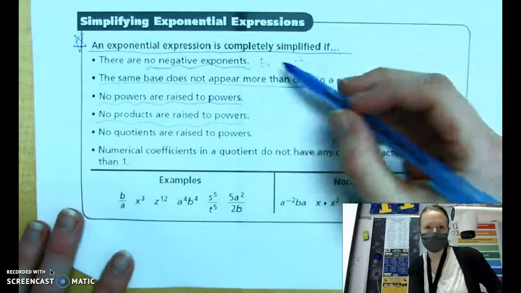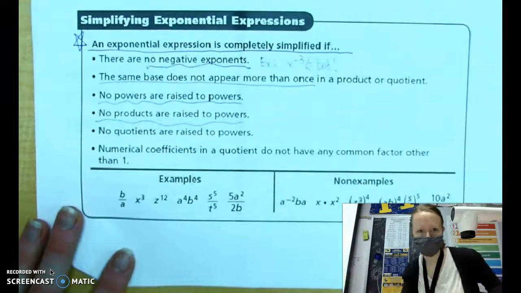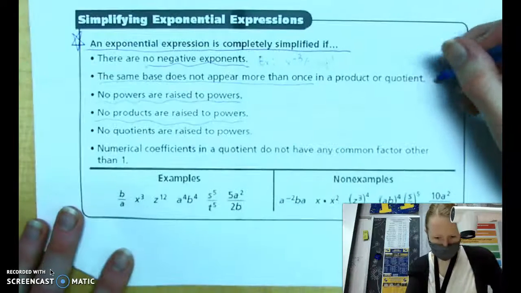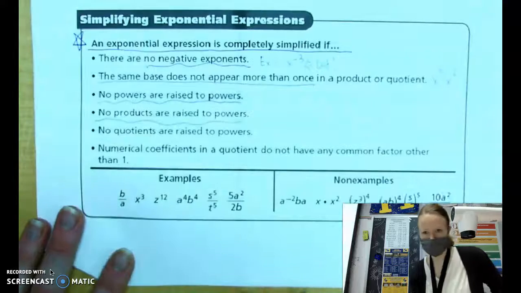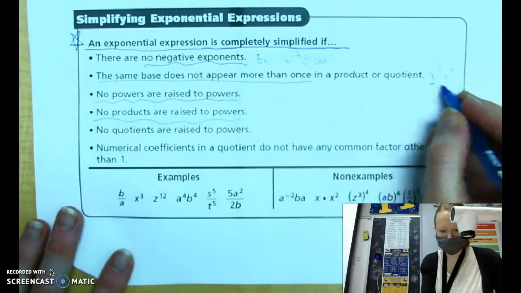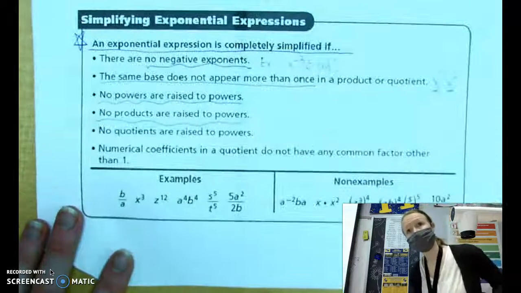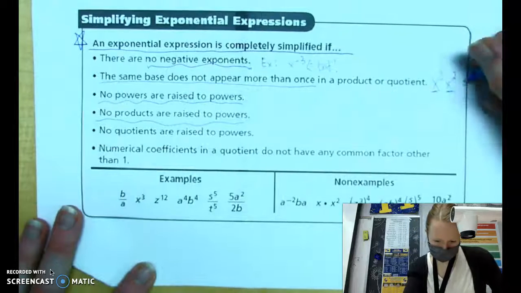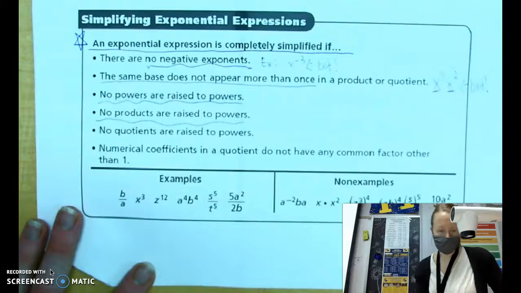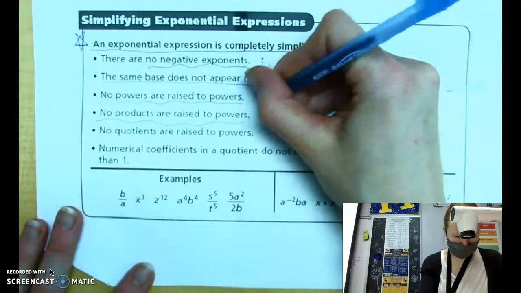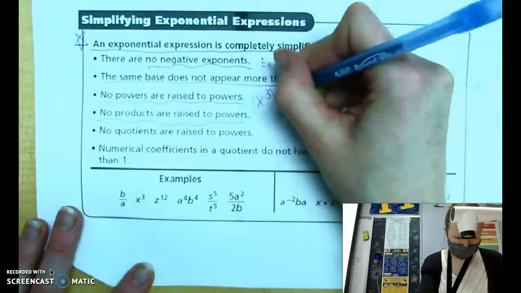Negative exponents, if we had like x to the negative third power, that's bad. Another thing that's bad is I can't have like x to the third and x to the second. See how I have the same base twice? That would be bad. That's not simplified. A power raised to a power would be like x to the third power squared.